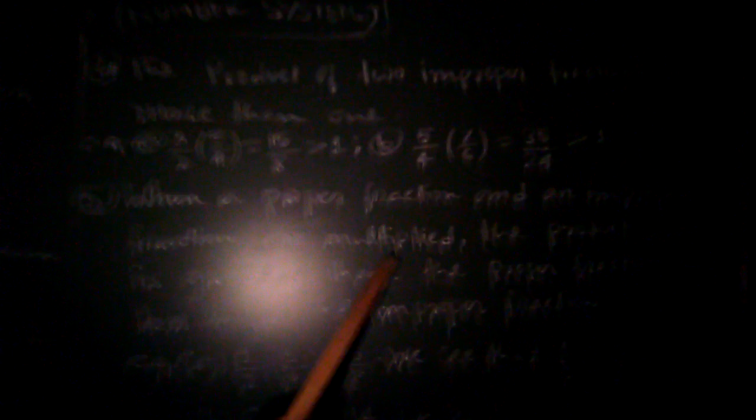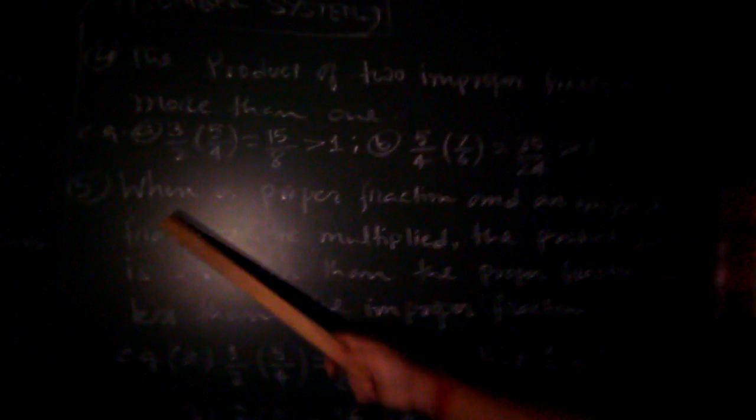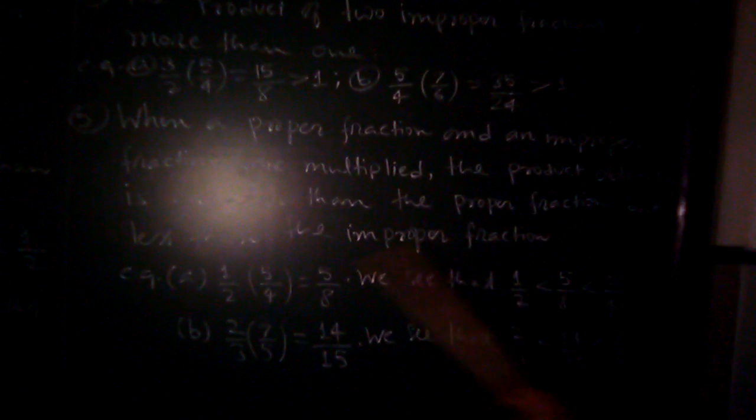When a proper fraction and an improper fraction are multiplied, the product obtained is greater than the proper fraction but less than the improper fraction.